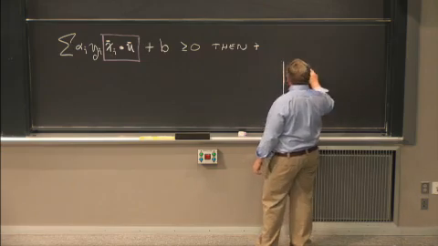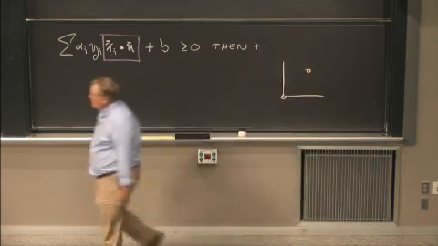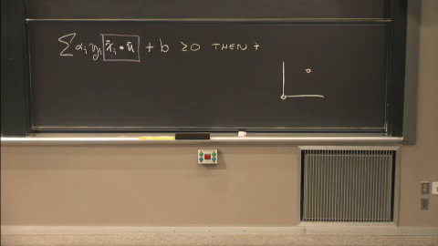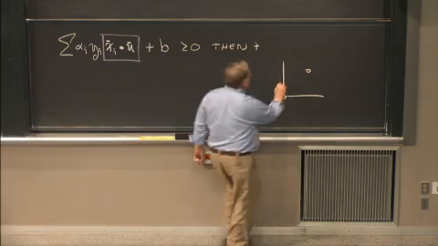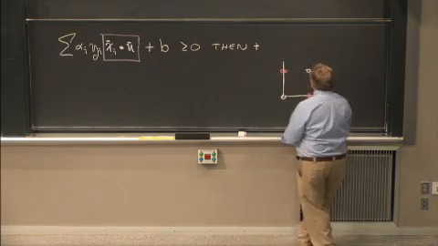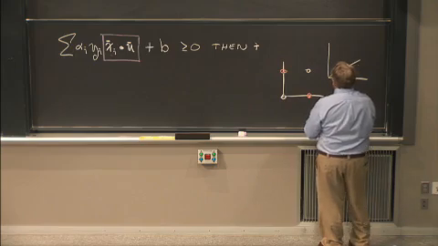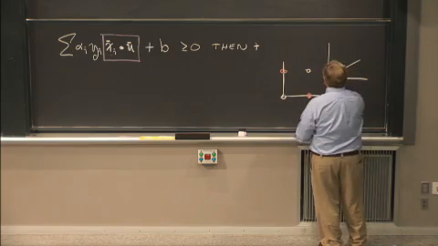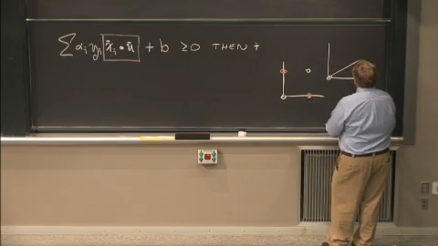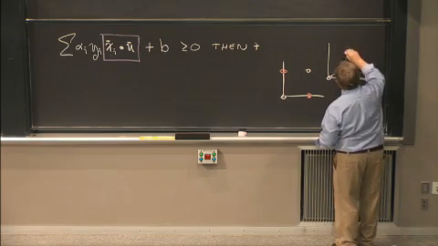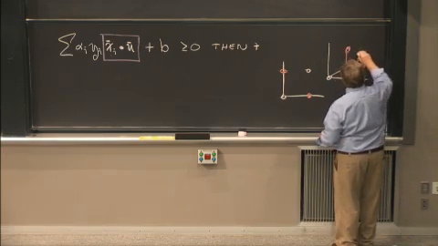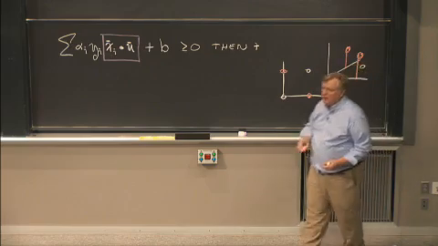Here are 2 points. Here are 2 other points. We can't separate them, but if we could somehow get them into another space, maybe we can separate them because they look like this in the other space, and they're easy to separate.